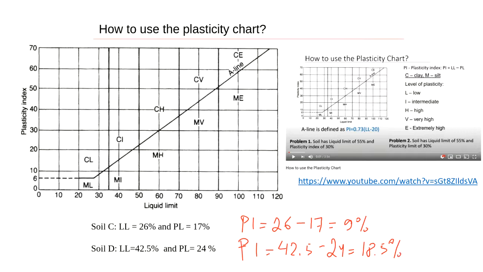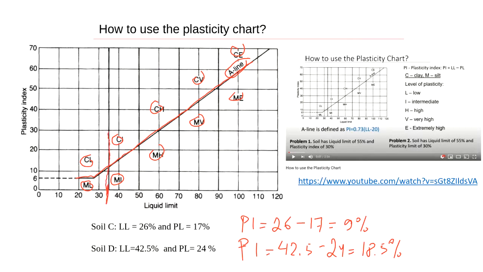So what we do now is we look at the chart, locate 2 points, and see if each is above or below the A line. This line is called the A line. It's a line that defines clay and silt. Every point for soil that is above the A line, which is C, is going to be clay. Everything below the A line is going to be silt. M stands for silt. And we also have gradation based on the liquid limits.